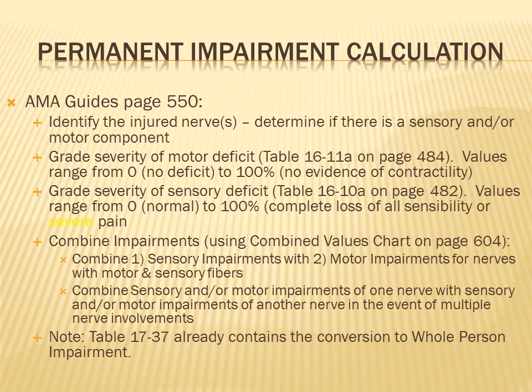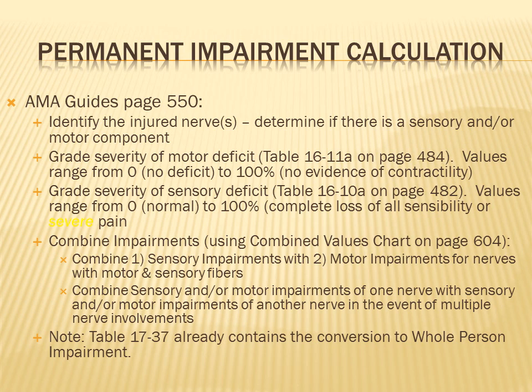Okay, so let's get into the procedure that the AMA guides require. This is described on page 550 of the guides if you want to follow along. First step is to identify the injured nerves. Identify the injured nerves, and you determine if there's a sensory injury or a motor injury, or if there's both sensory and motor injury.